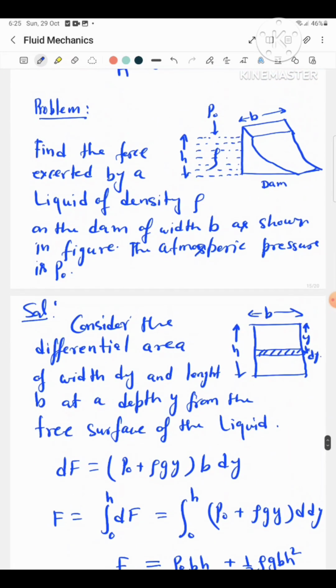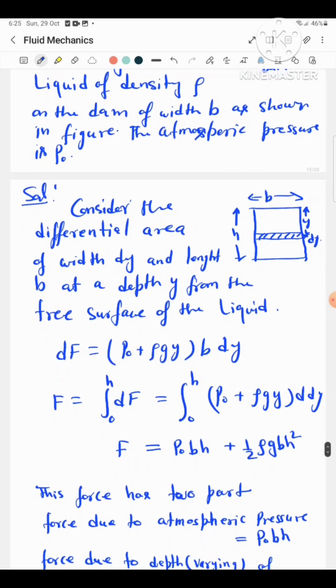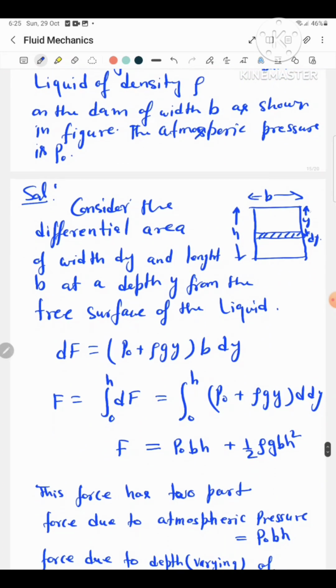Suppose a strip of width dy at a distance y is taken for the dam. The differential area will be B dy.